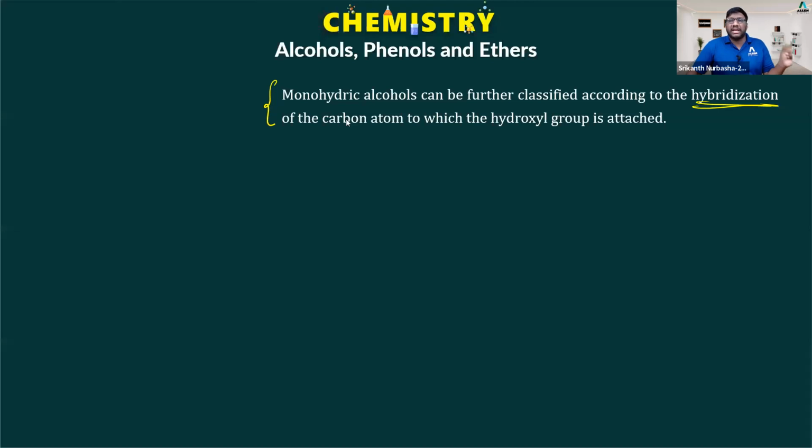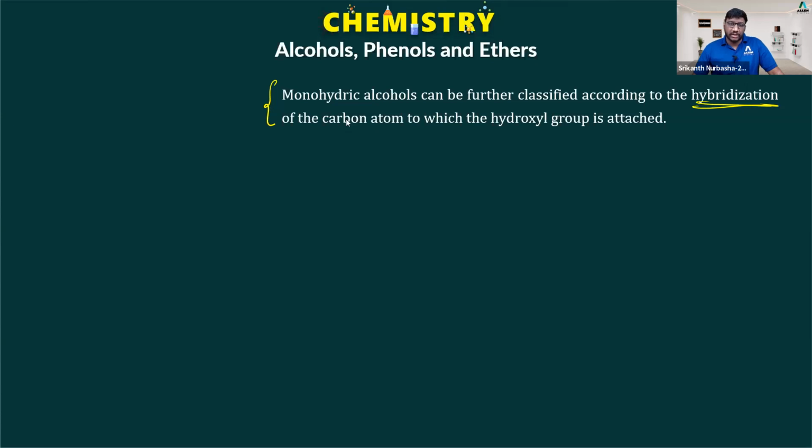An sp3 hybridized carbon can be connected to halogen in alkyl halides: primary, secondary, tertiary, allylic, and benzylic. Where do we have sp2 hybridized carbon connected to halogen? Vinylic and aryl halides.